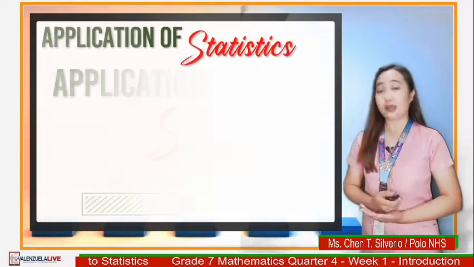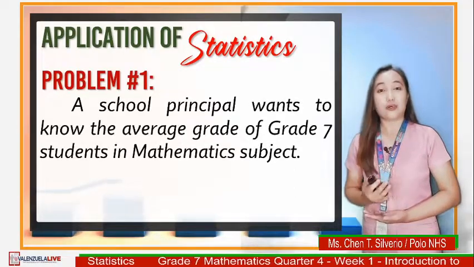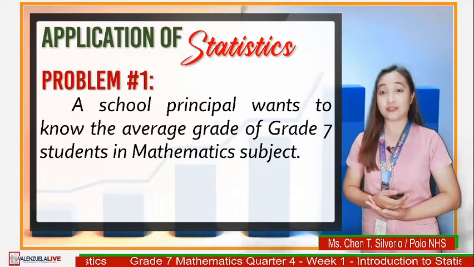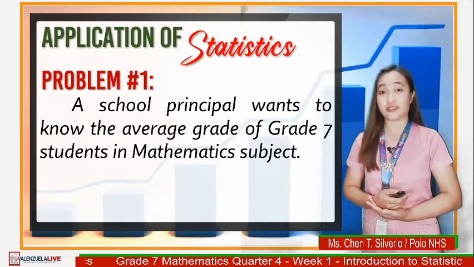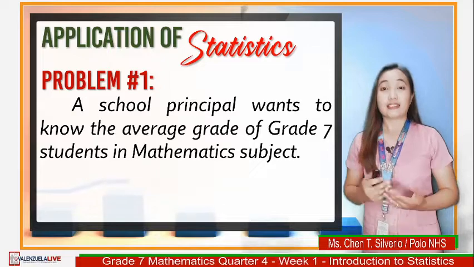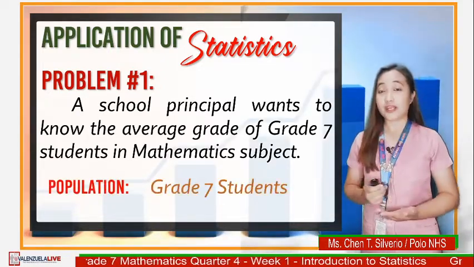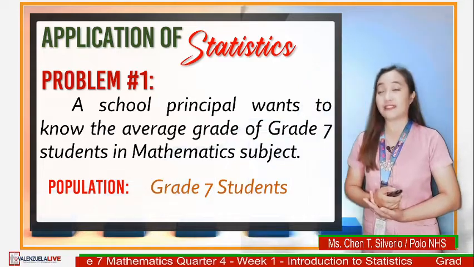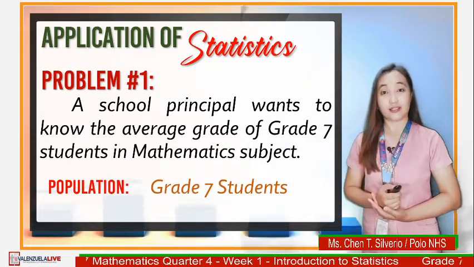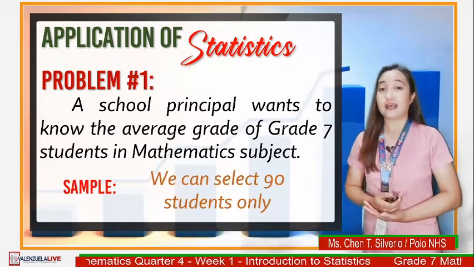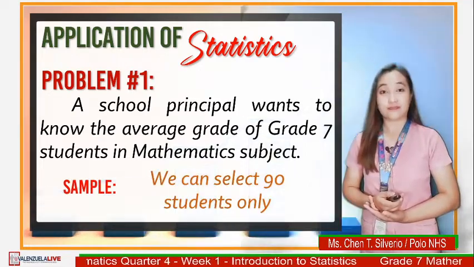The first problem. A school principal wants to know the average grade of grade 7 students in the mathematics subject. Let's start with the population. Our population here are all of the grade 7 students in a certain school. For our sample, we can select 90 students only.